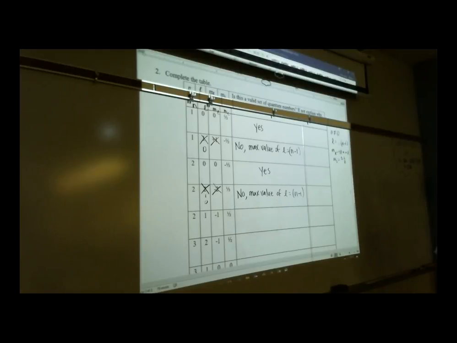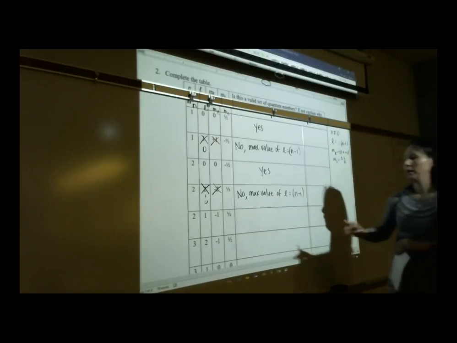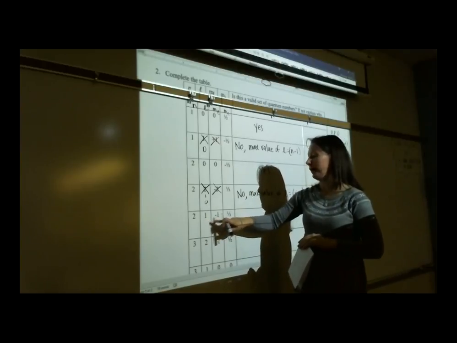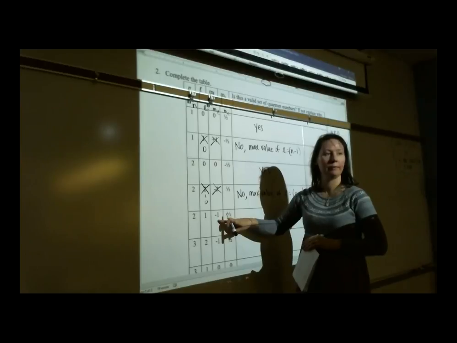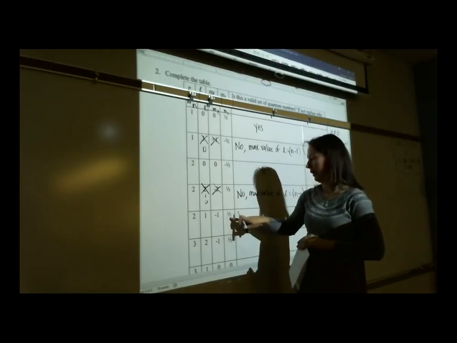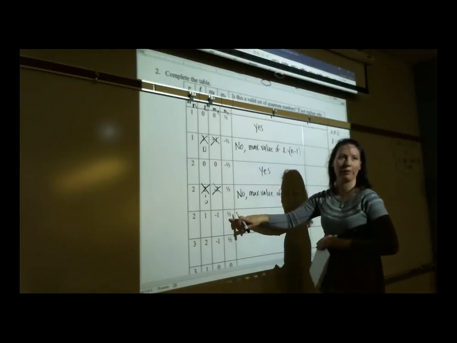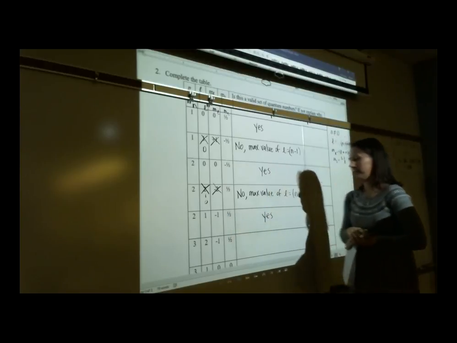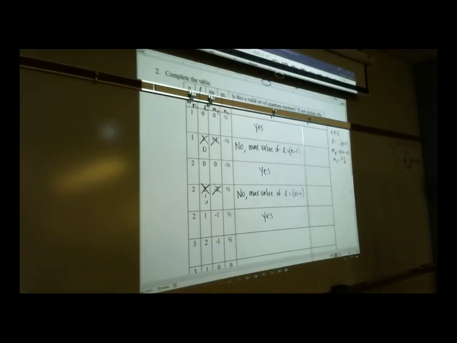If we have 2, 1, negative 1, if N equals 2, can L be 1? And if L is 1, can M sub L be negative 1? Yes. And can M sub S be positive 1/2? Yes, that's a valid set. You're allowed to have that. What about 3, 2, negative 1, positive 1/2?